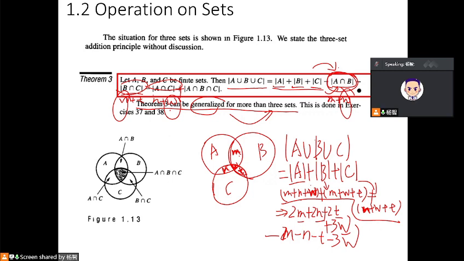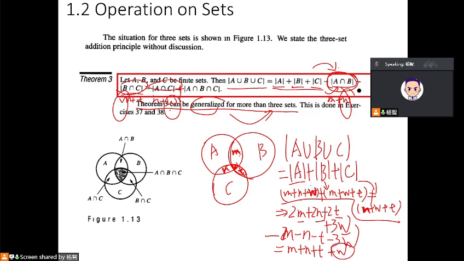When you minus this, you only have M and N and T, but no W. It means finally we should add W.